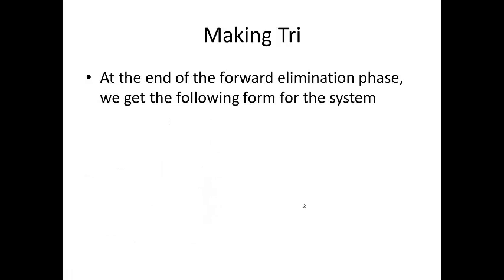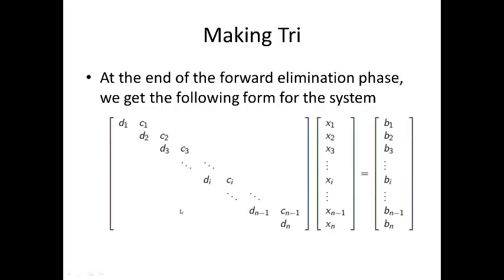At the end of the forward elimination phase, we're going to get a system in the following form. And here you can see that we've kept the main diagonal. Of course, some of these will get altered as a result of it, and we've kept the super diagonal. Except down here we have d sub n is equal to b sub n.